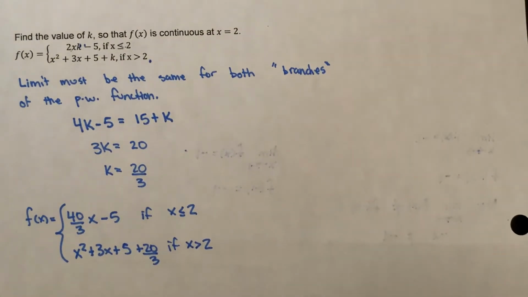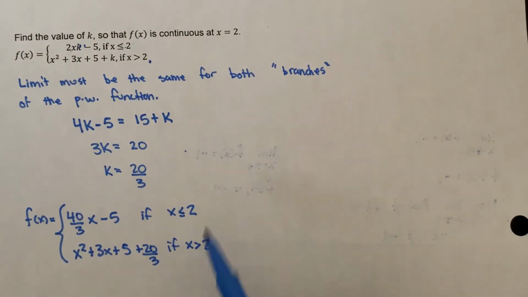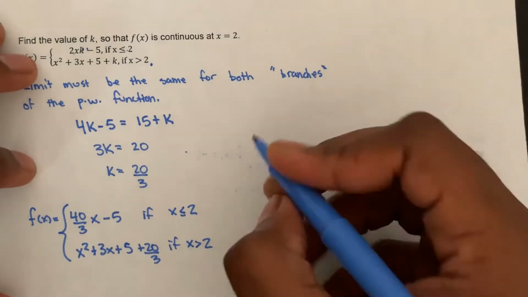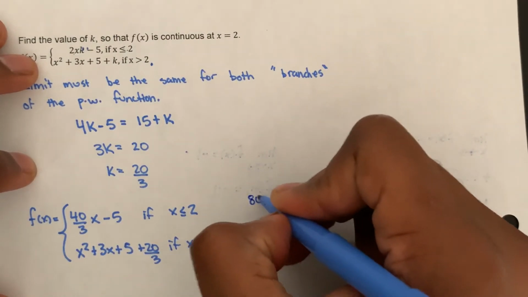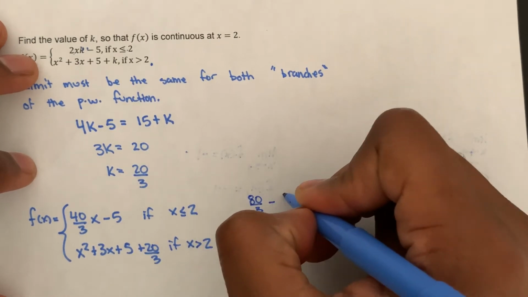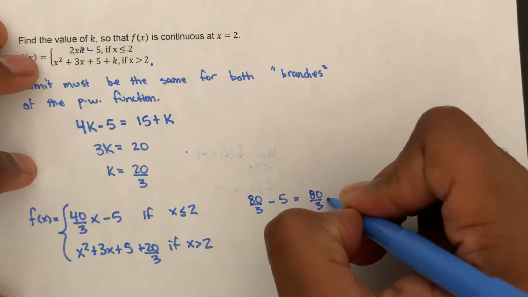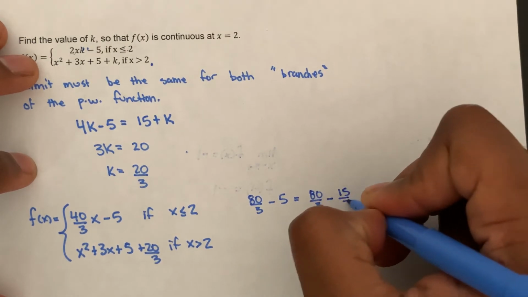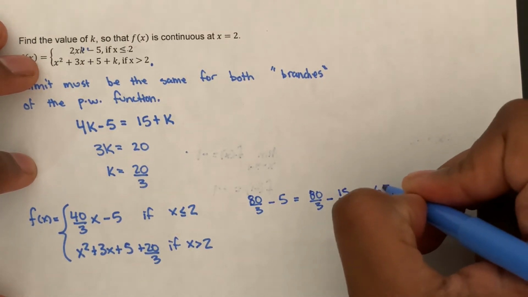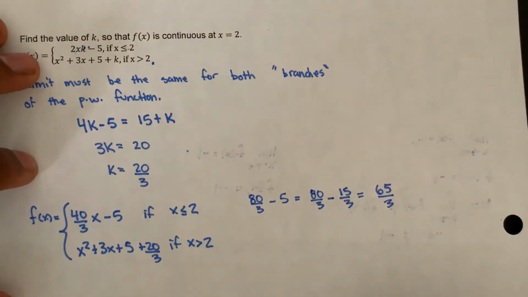The smart thing to do is always check your work. If we substitute in 2, we have 80/3 minus 5 on the top, which is 80/3 minus 15/3, which is 65/3.